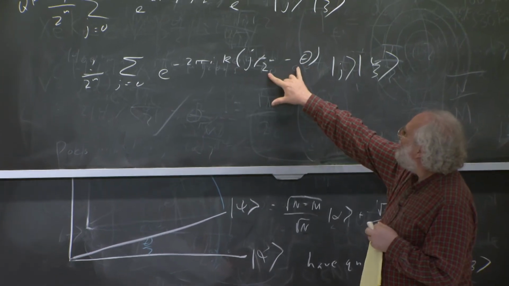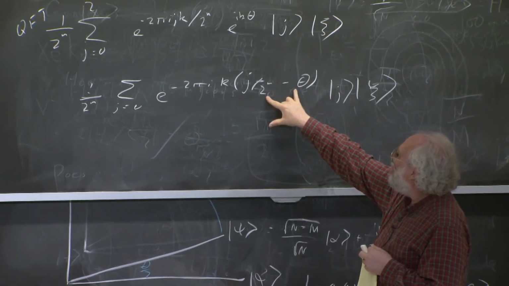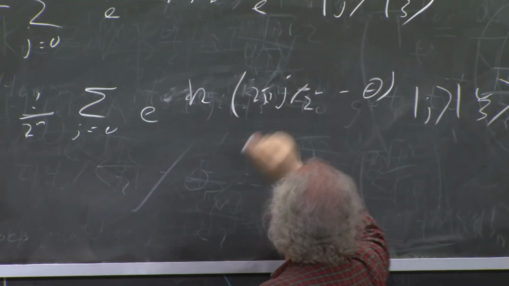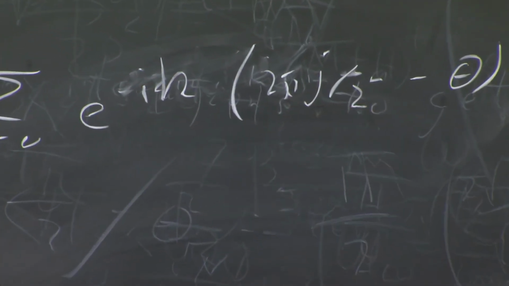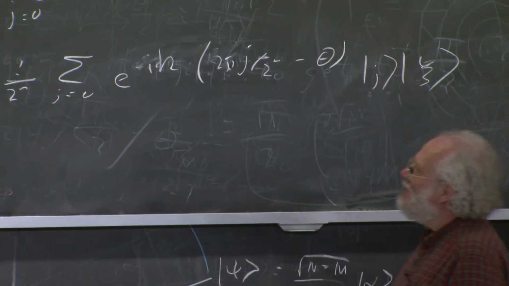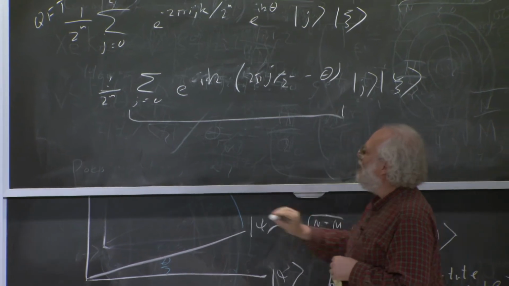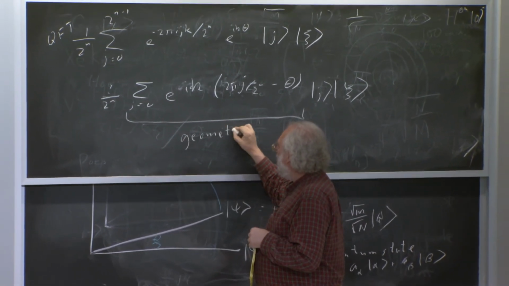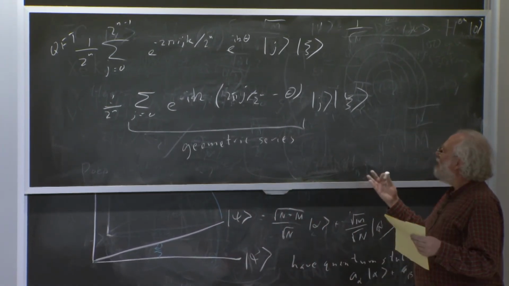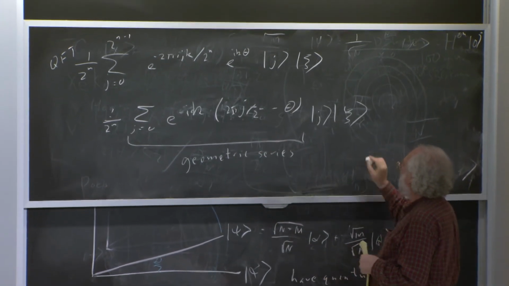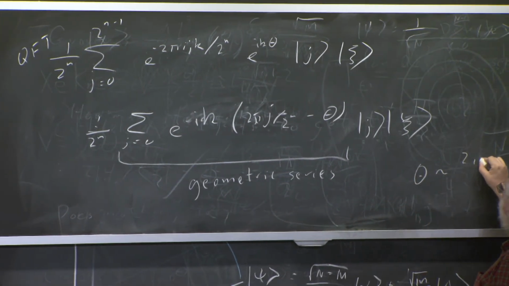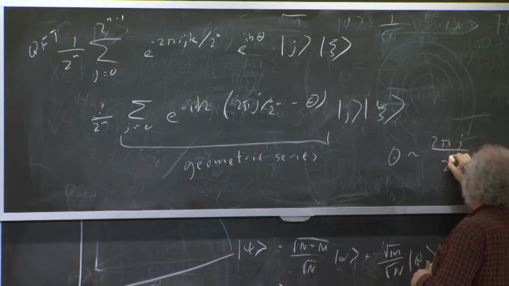So you should recognize this. It is e to the i k times (theta minus 2 pi j over 2 to the n), and this is exactly the same geometric series we saw before, which means we can just read off that theta is approximately 2 pi j over 2 to the n.